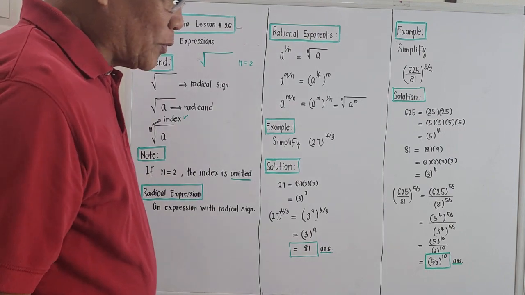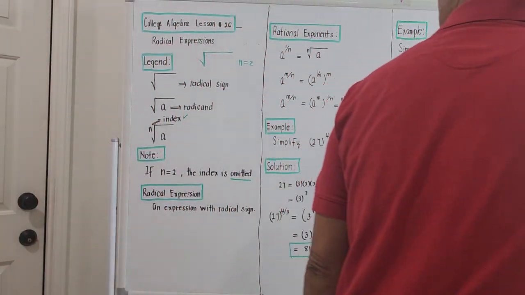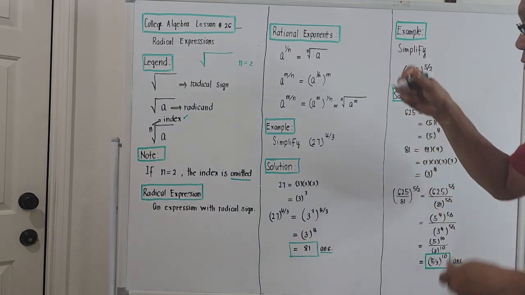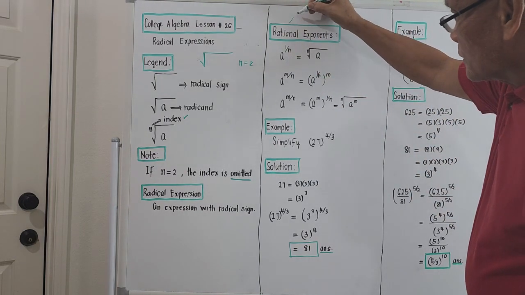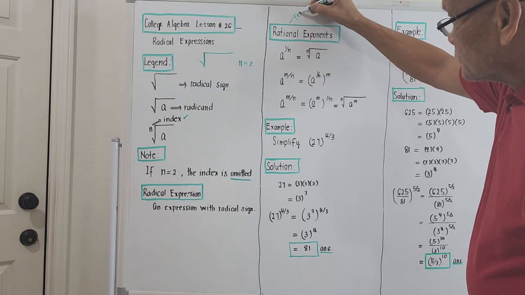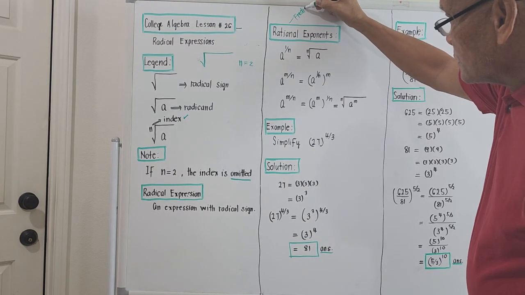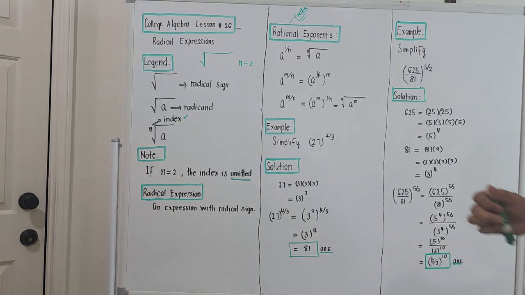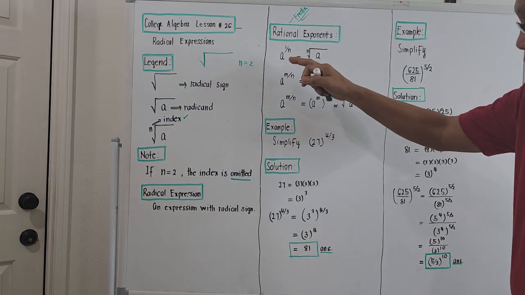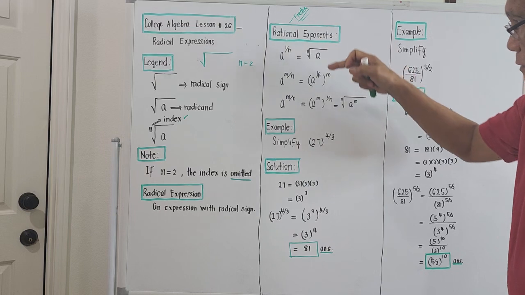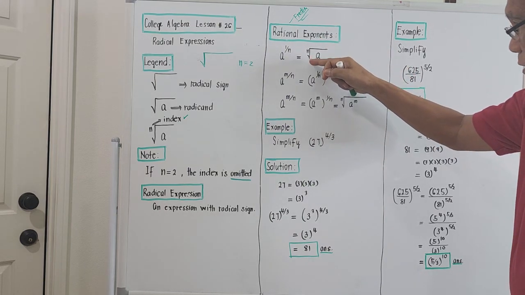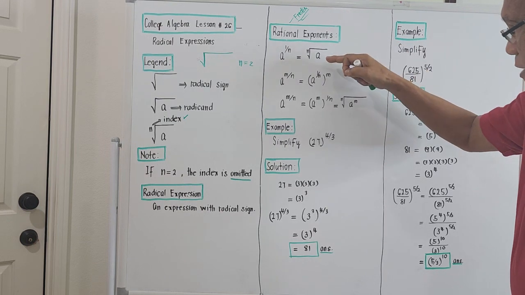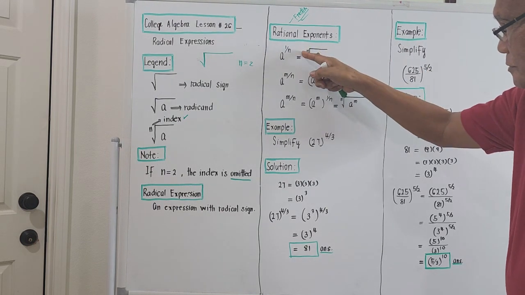Okay, let's try to bring out the formulas that contain rational exponents. Rational meaning fractional, the exponent is a fraction. a raised to 1 over n can be written as the radical sign with the radicand a and the index n.